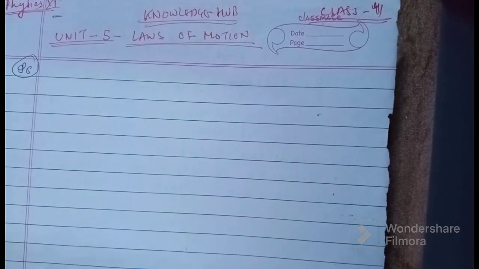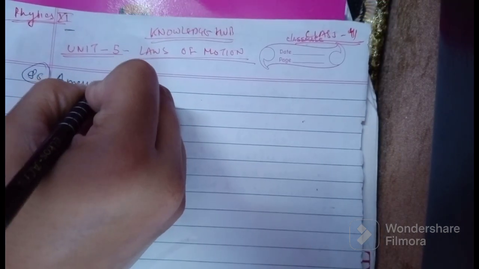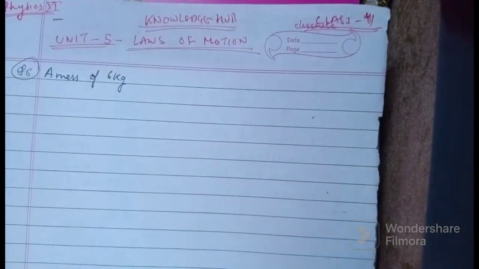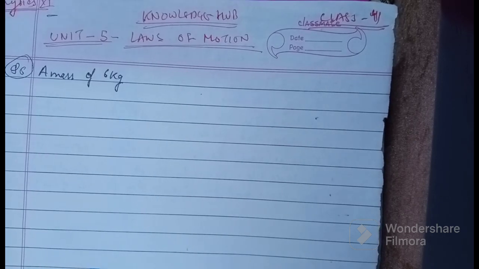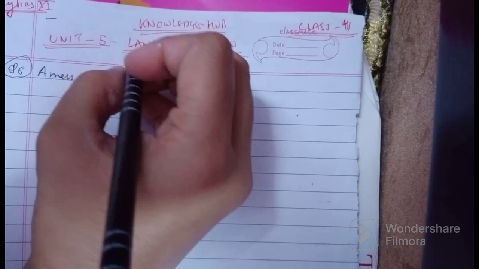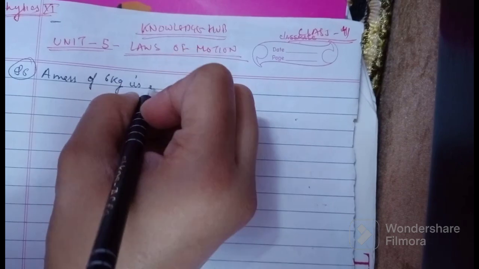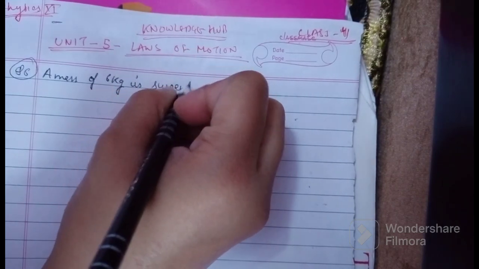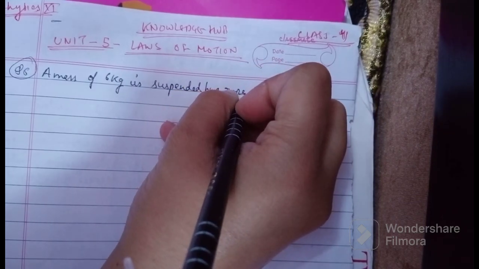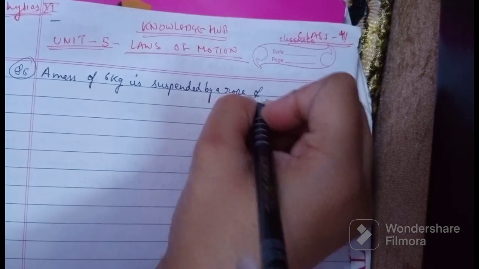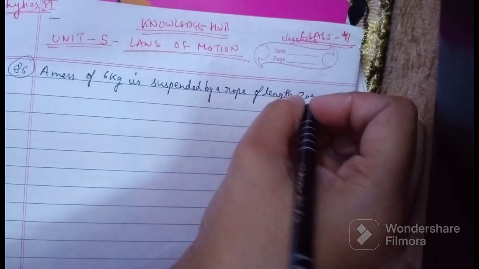A mass of 6 kg is suspended by a rope of length 2 meters from the ceiling.